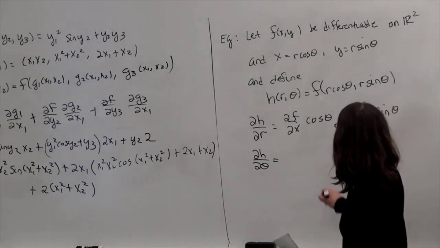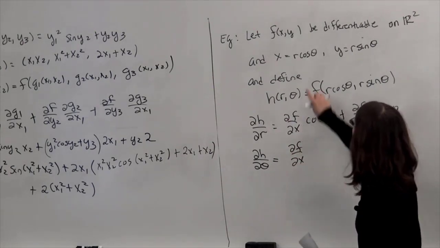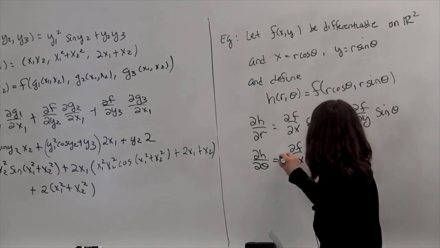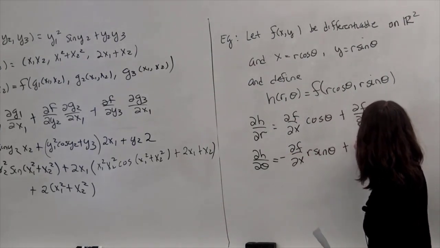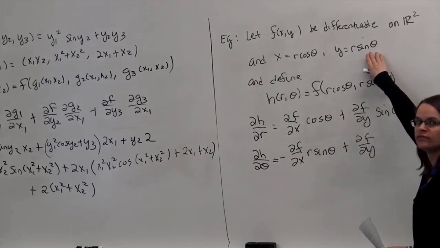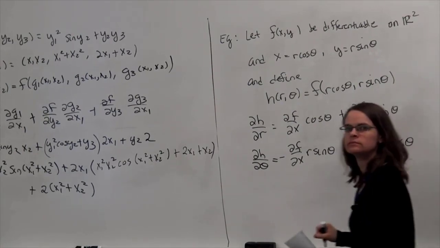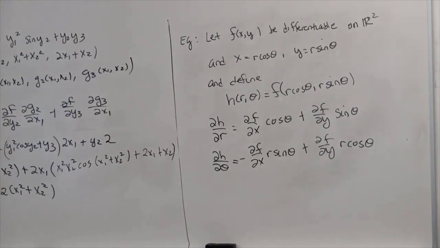So we're going to get df/dx times dx/dtheta, that's minus r sine theta, plus df/dy times r cosine theta, and that's our first partial derivative in polar coordinates.